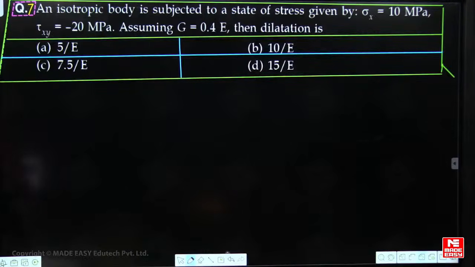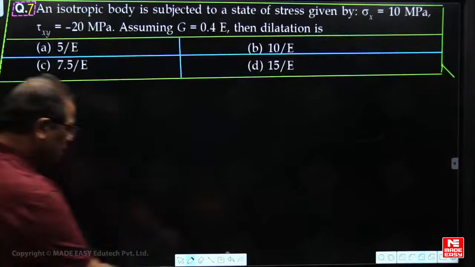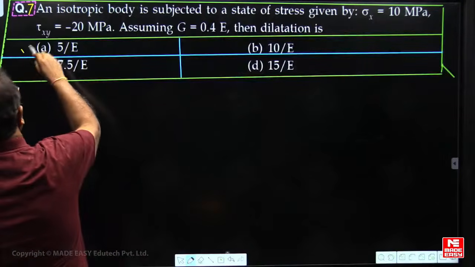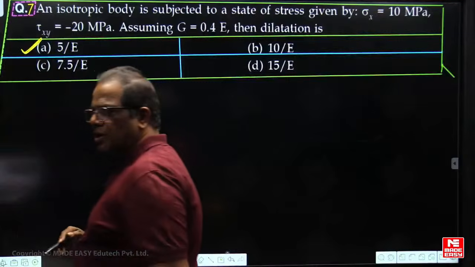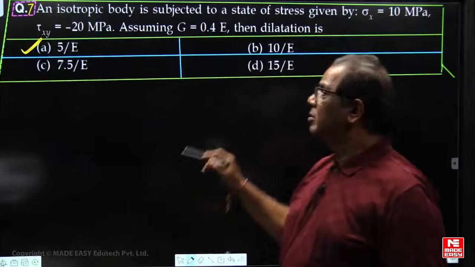A. Good. Who has given? Ashutosh Bansal has given A. Gangadhar, A. Good. So they have given the correct answer now. It's a simple question.